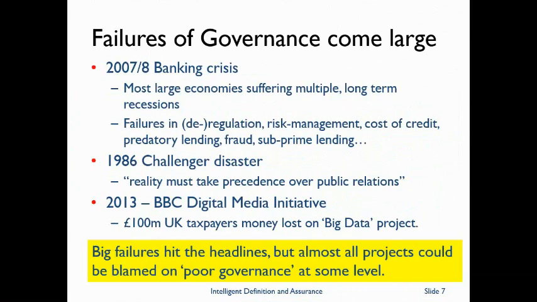Now that's all very well talking about these large-scale newsworthy failures in large business and government programs, but for all projects, maybe almost all projects, you could trace failure to a lack of control and governance at some level.